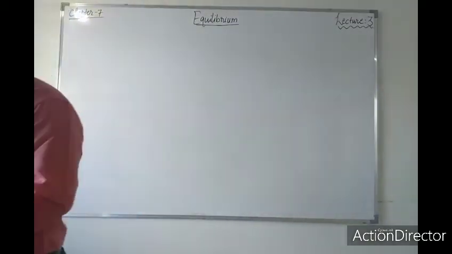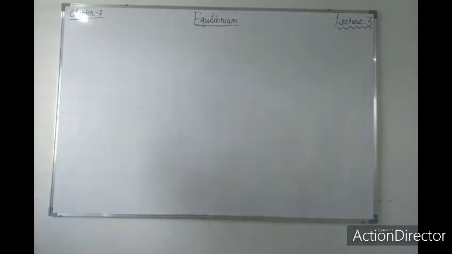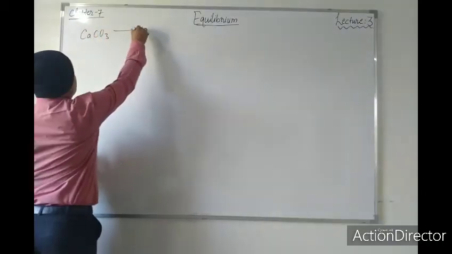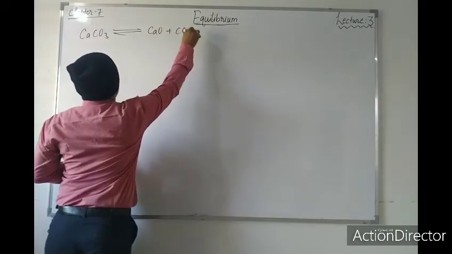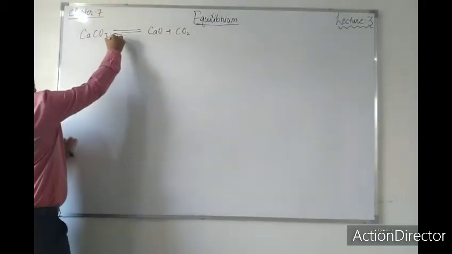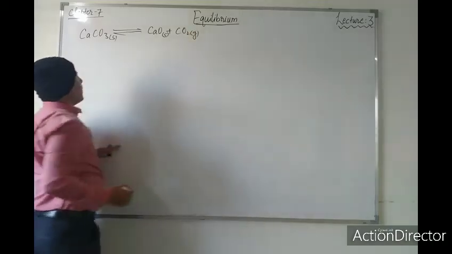Here I am taking the dissociation of calcium carbonate in a closed vessel, that is CaCO3 in equilibrium with calcium oxide plus carbon dioxide. If we want to write the physical state terms: solid, solid, gas. Calcium carbonate is solid, calcium oxide is also solid, carbon dioxide is in the form of gas.